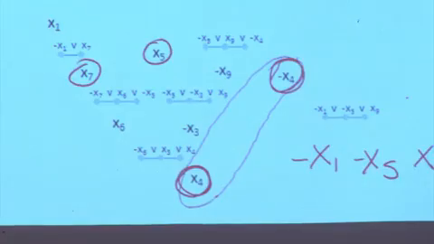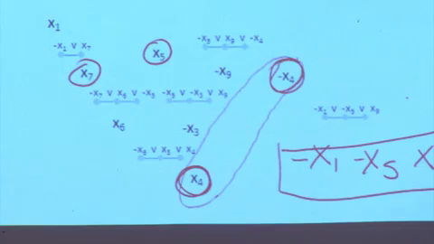Right? So essentially what this is saying is that based on what I learned from these random assignments, I discovered that one of these things has to be true. That it cannot be the case that x1 is true, and x5 is true, and x9 is false. That cannot happen, and I know that cannot happen because when I tried that, things blew up. I ended up with a contradiction.